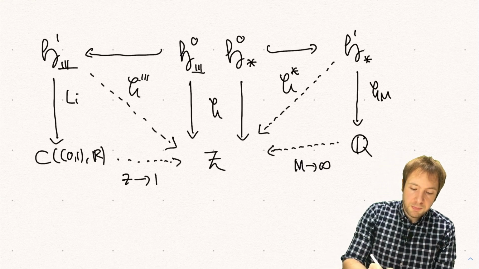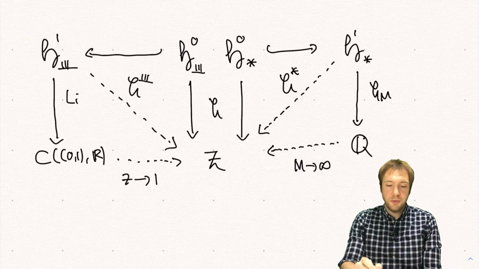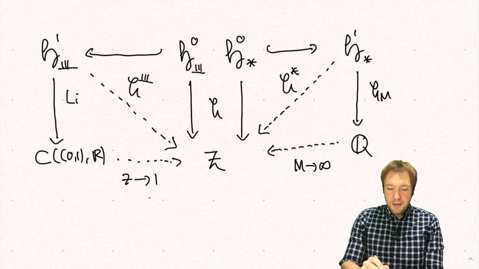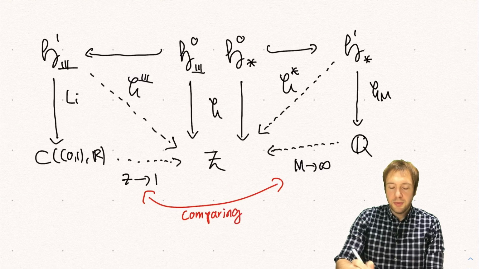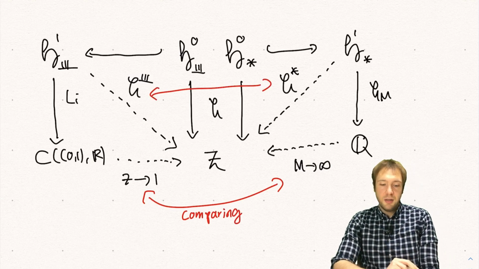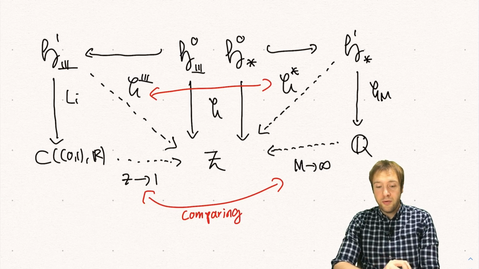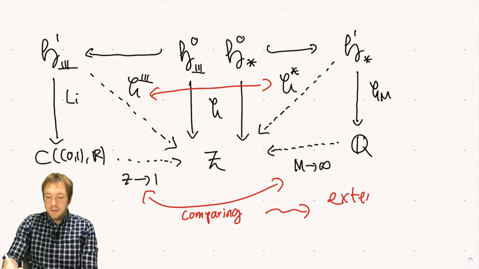And there will also be a map from H1 shuffle, the shuffle regularized multiple zeta values. And then comparing somehow these two limits will also lead to a direct connection which compares these two regularizations, and this will lead us to the so-called extended double shuffle relations.